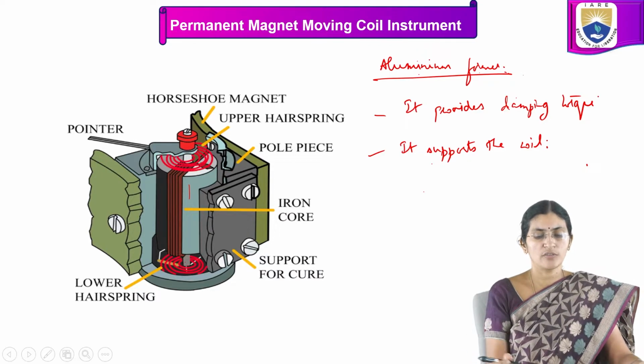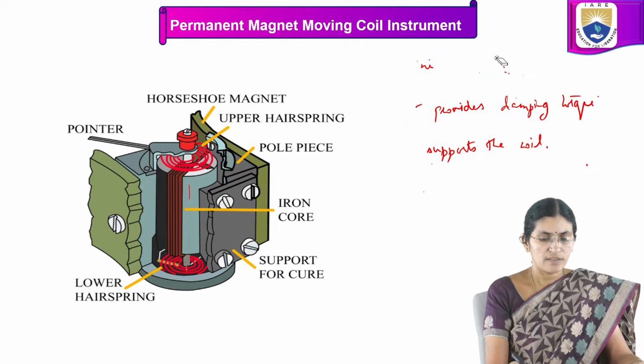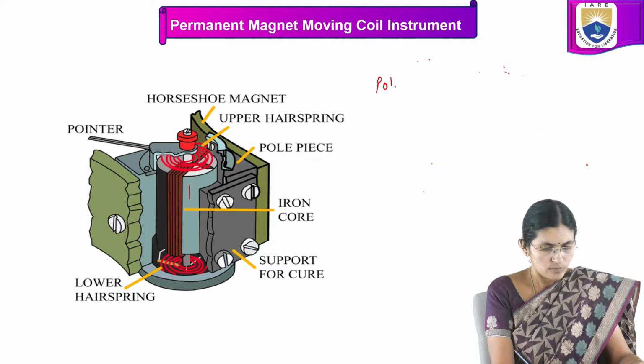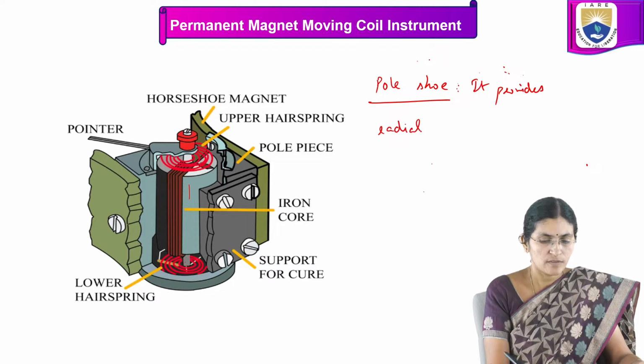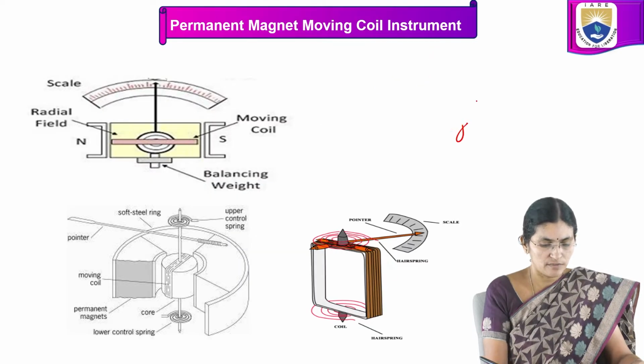So these are the two functions of aluminium former. Next we have pole shoes. The function of this is that it provides a radial magnetic field.